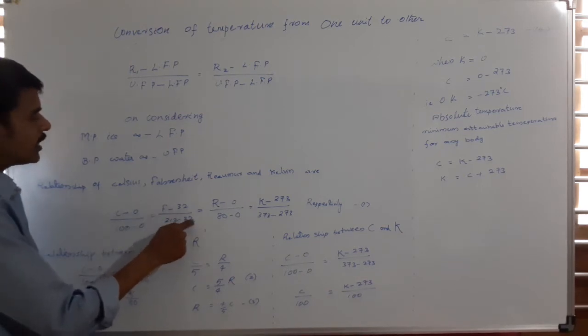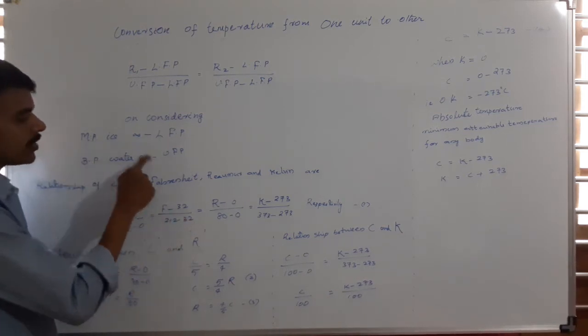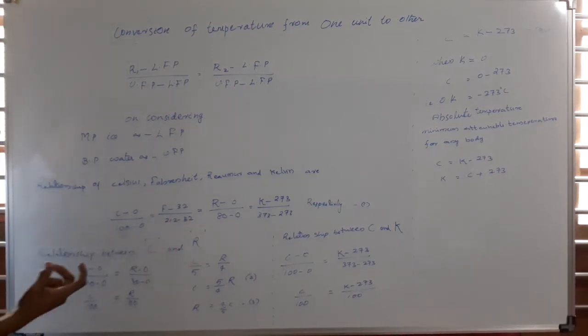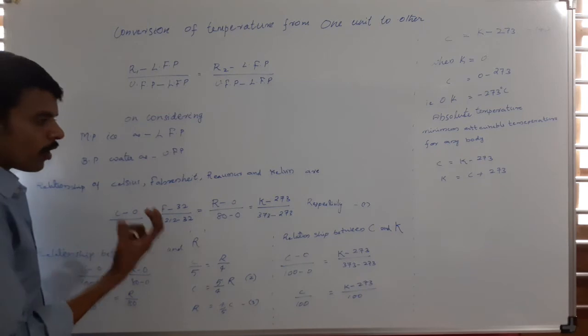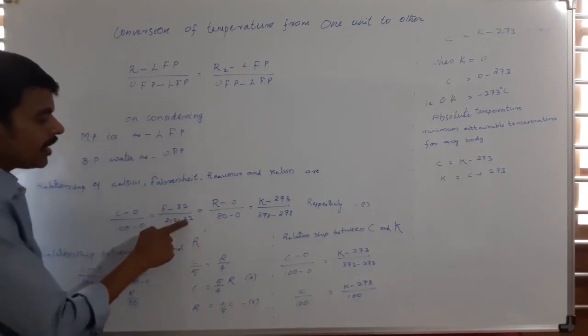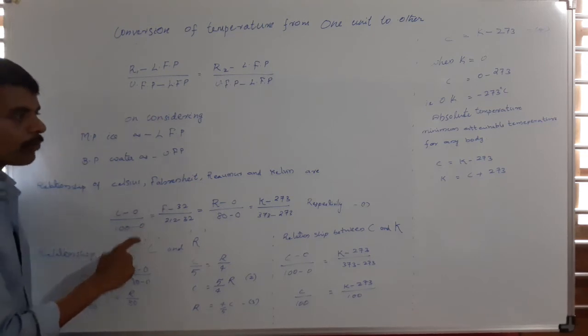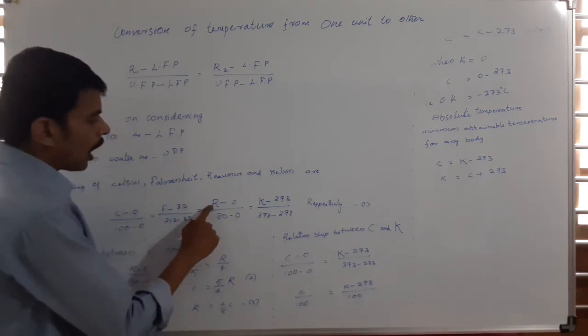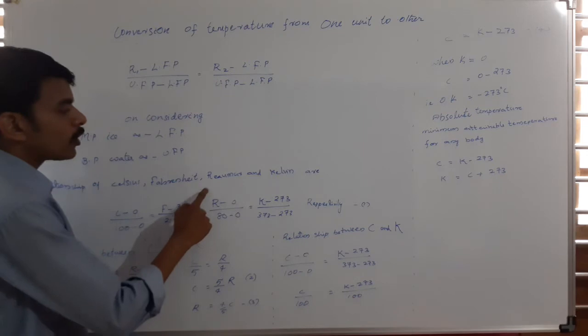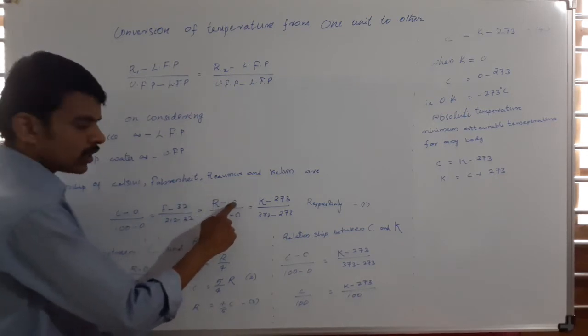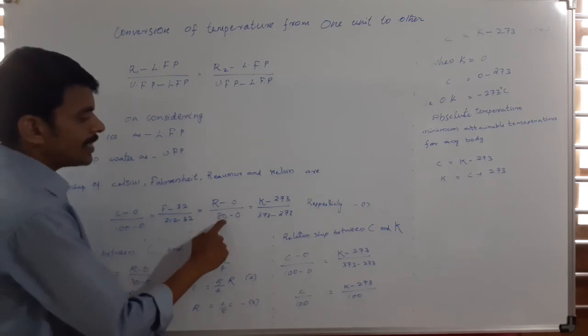The LFP of the Fahrenheit, considering the melting point of ice, is nothing but 32. So the freezing point or melting point of ice in the Fahrenheit scale is 32, whereas in degree Celsius it is 0. This equals R, where R represents the reading of the Romer scale: (R minus 0) divided by (80 minus 0).